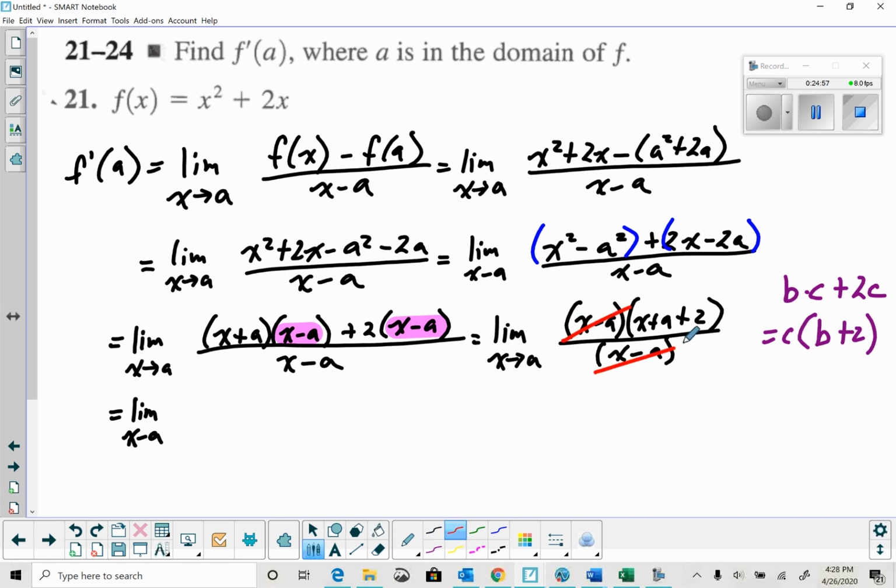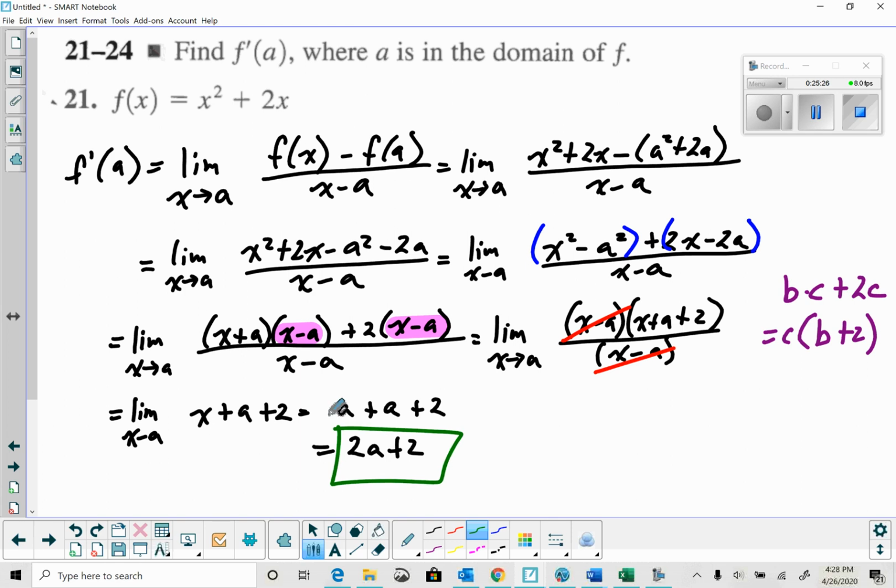Boom, boom. The limit as x approaches a of x plus a plus 2. Well, as x approaches a, this first term, x, becomes another a, so we get 2a plus 2. That's the expression.